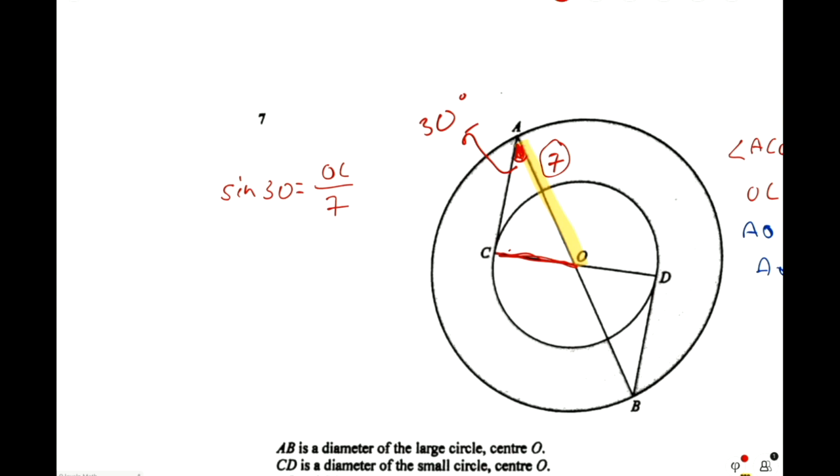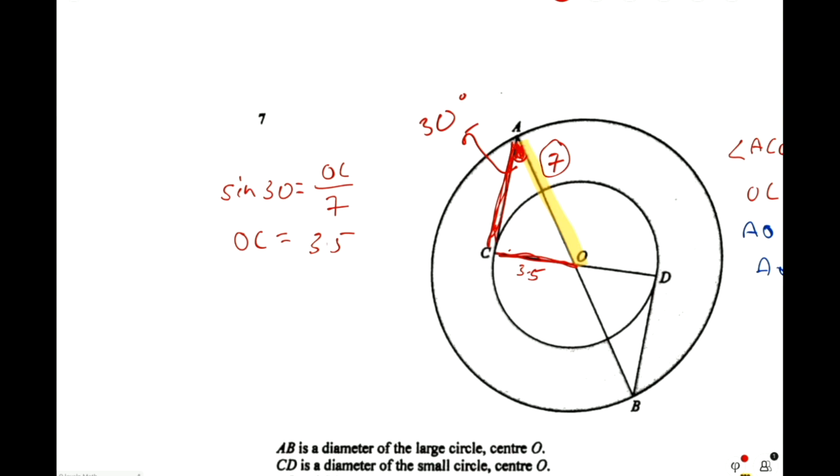Something wrong. Anyway, let's try to do this. So OC equals sine 30 times 7, so I get 3.5. This is 3.5. And I also need this AC. You can use Pythagoras or you can use trigonometry.